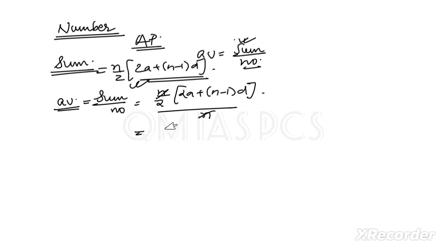So here it is (2a plus (n minus 1)d) divided by 2. Further you can write it as a plus (n minus 1)d by 2, both are the same. It's up to you what you write here.